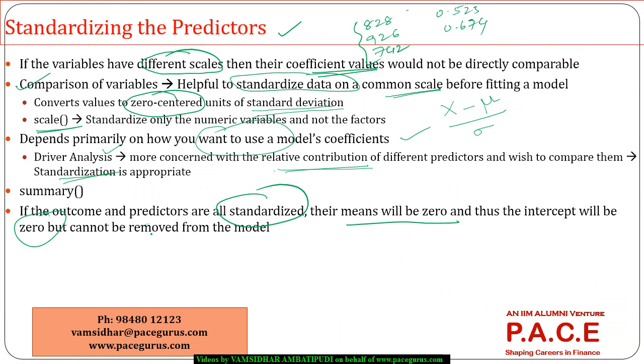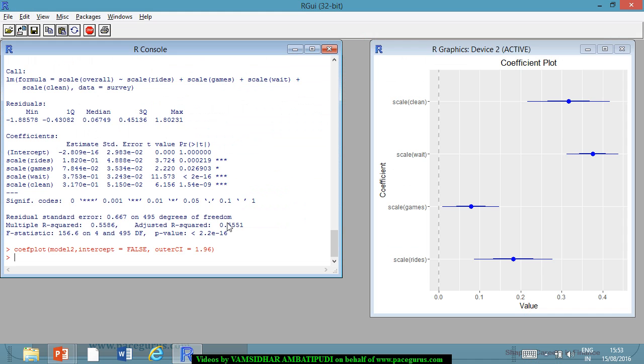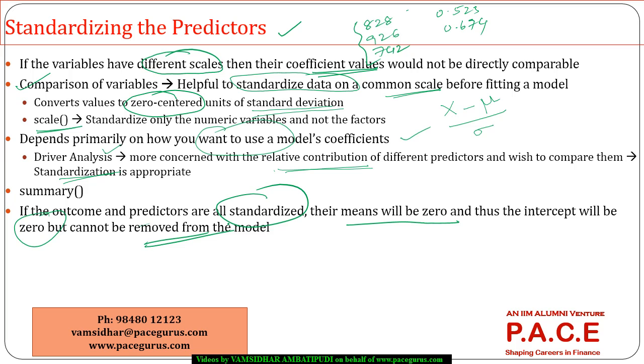But I cannot remove it from the model because I will get that value when it is being used as an input, and I cannot typically execute only with the other 4 predictors. So that's one more thing that we really need to understand here. So standardizing the predictors is also one more important aspect as a part of our modeling process.